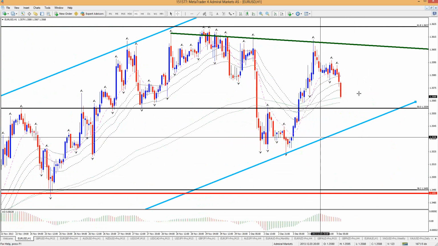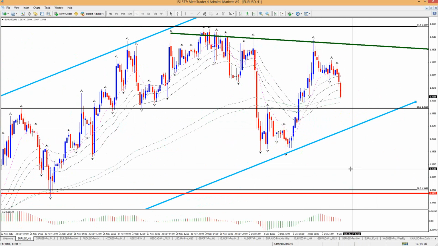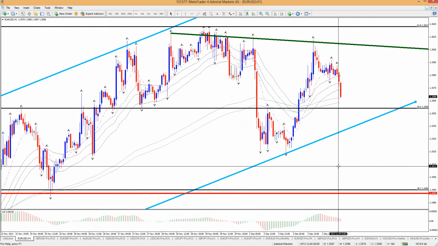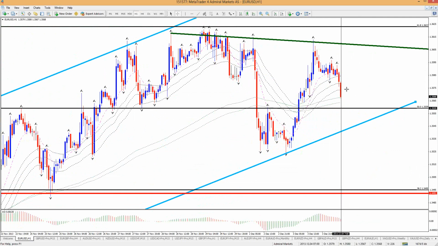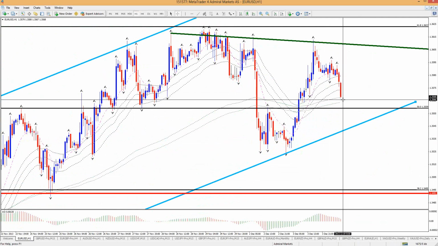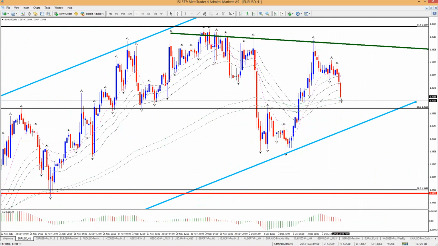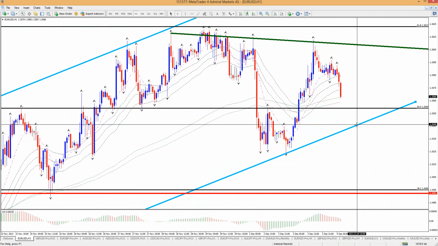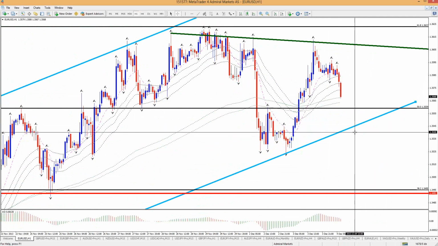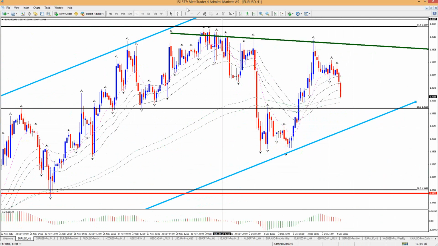Kalen is asking, and we'll keep an eye on this as it develops, how would an entry be at 135.62, with a stop loss at 135.40, and TP 136.10.